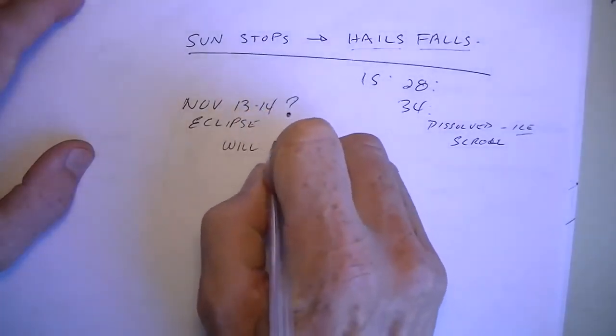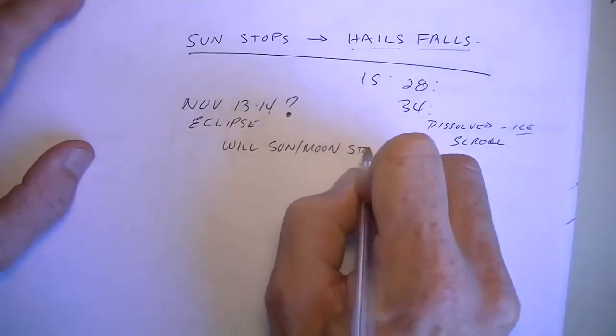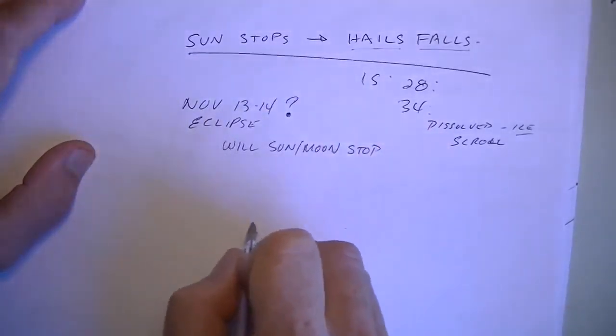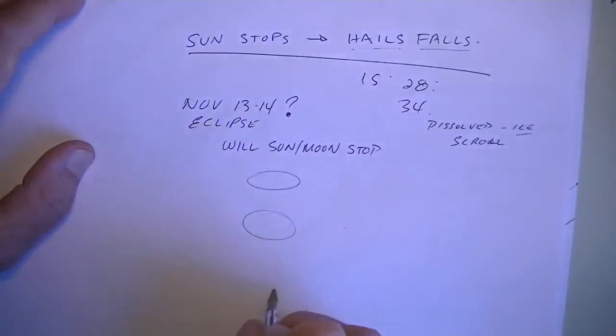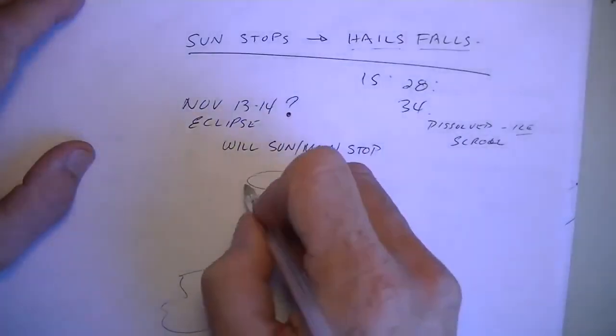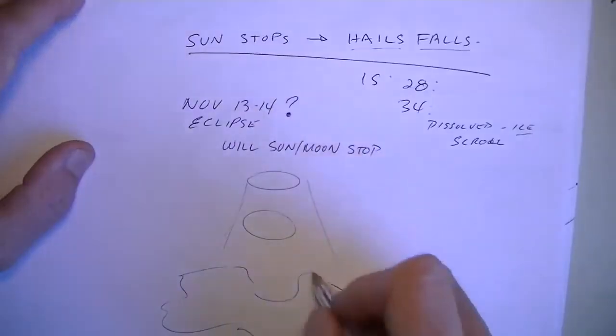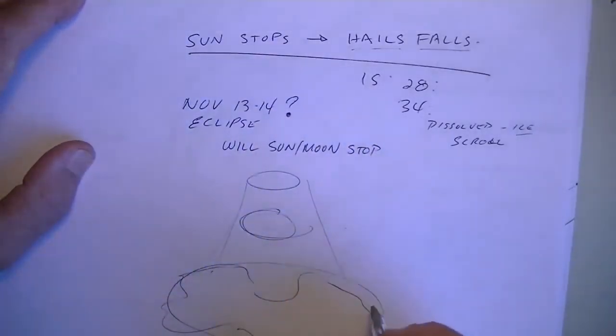Will the moon stop? Will they align themselves? So we have the sun on top of the moon over the continent of Australia. Will the moon cast a shadow on the ground?